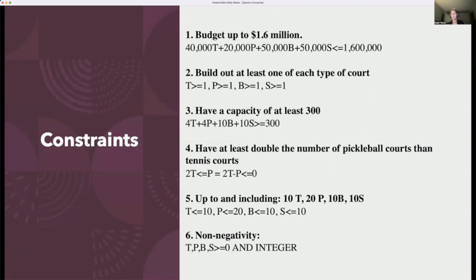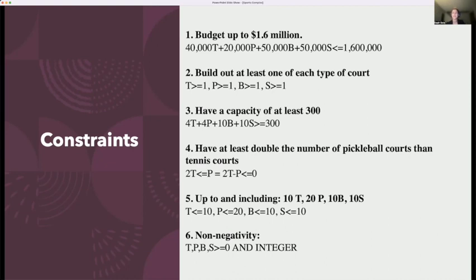That was really important to the investors so that there would be a lot of pickleball courts to ensure that pickleball players could play at pretty much any given time. So there definitely should be at least double the pickleball courts to tennis courts.